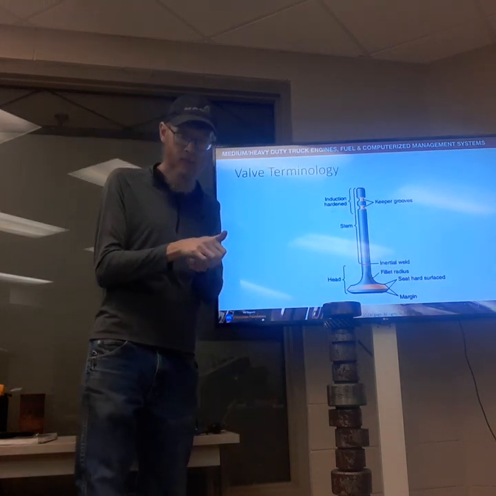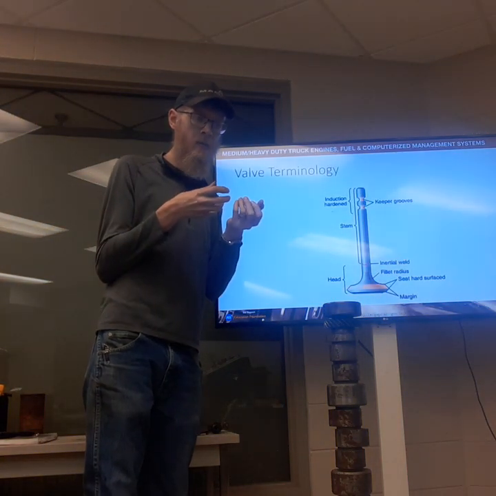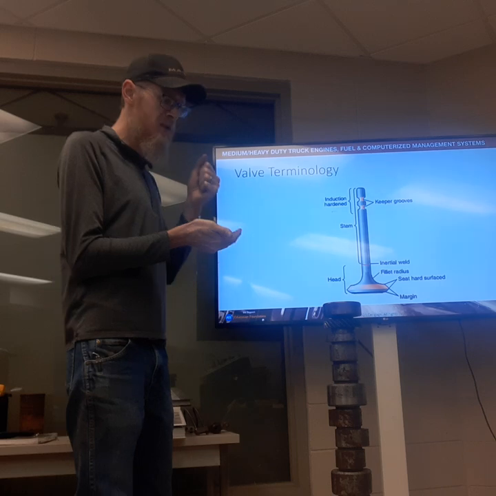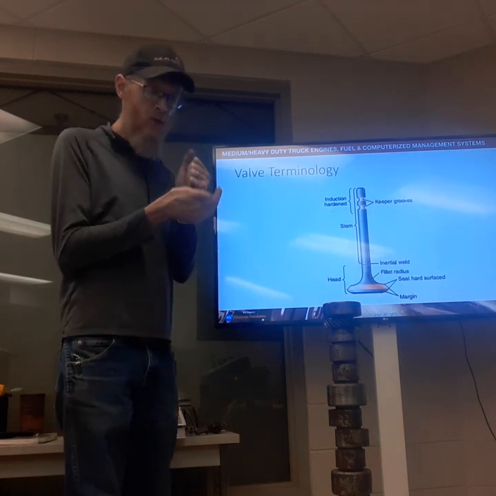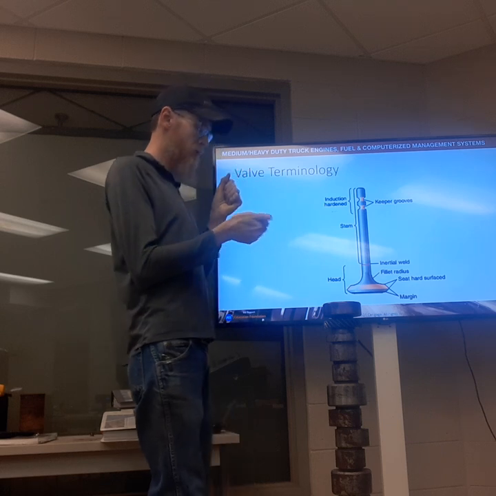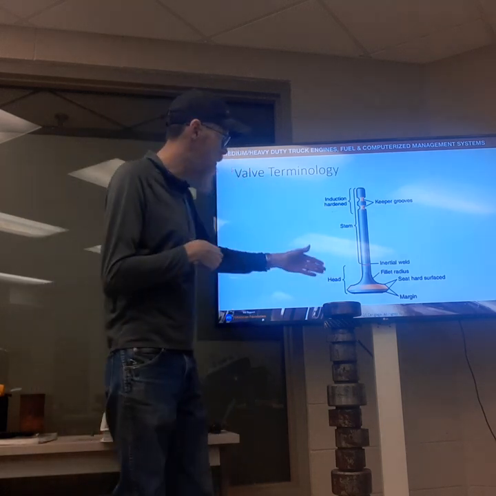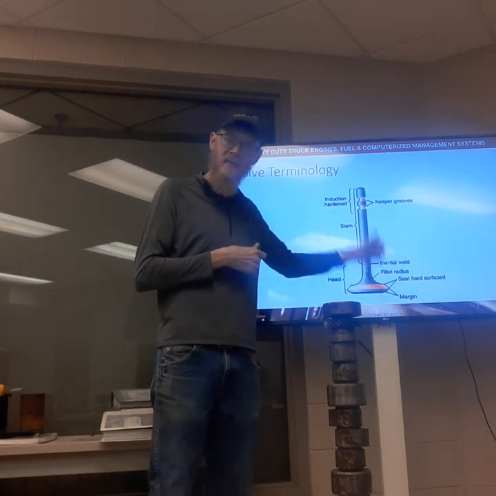The valve seat is ultimately the port in the cylinder head. That is where that valve needs to seal to the cylinder head and trap air in the cylinder. That's also where the valve can get rid of heat.